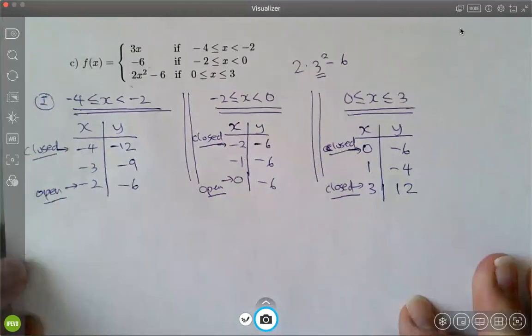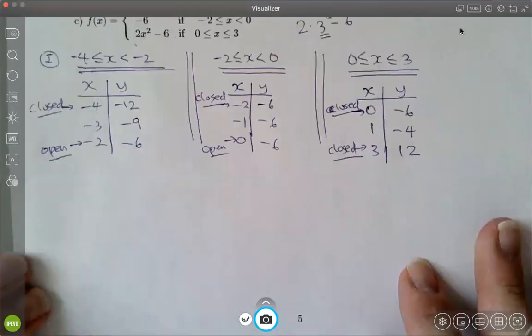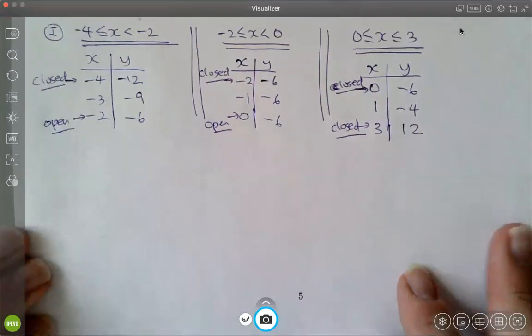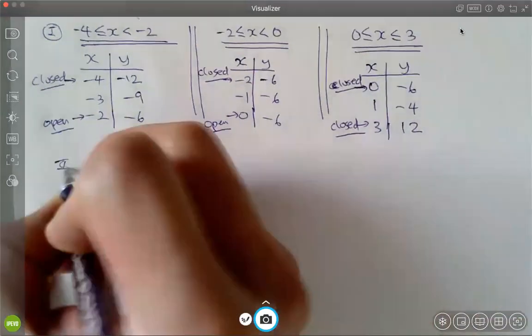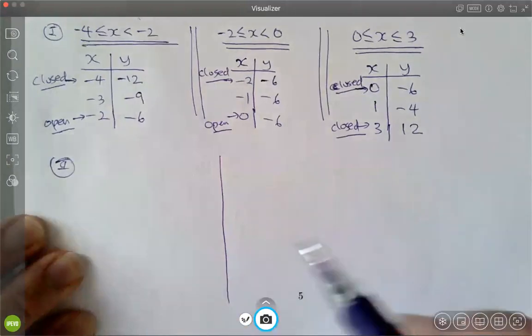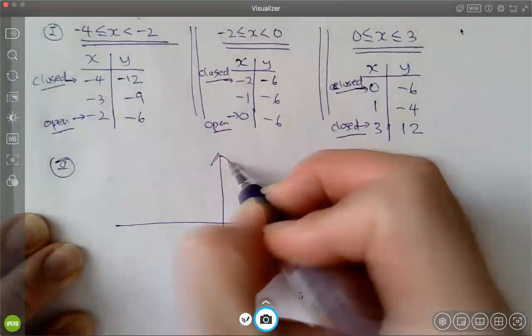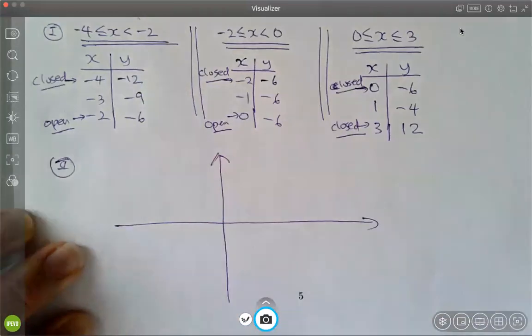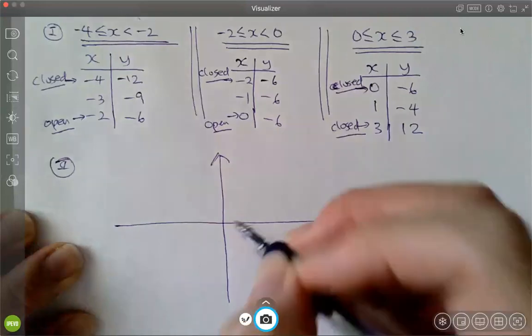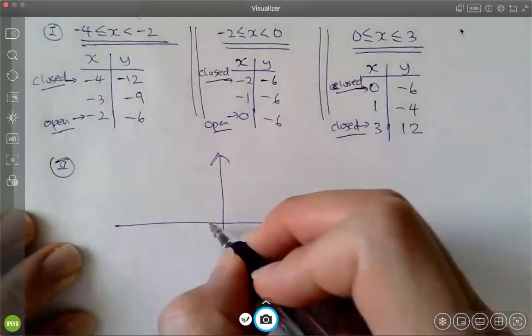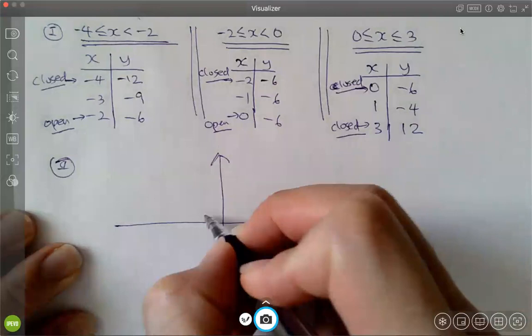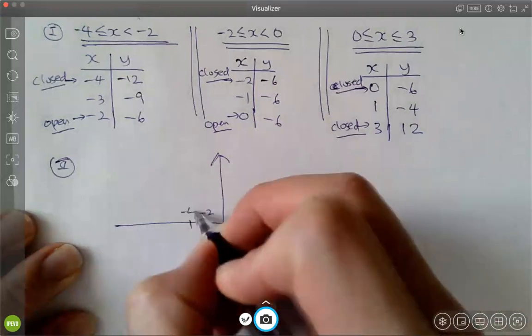Okay, so let's plot these points. Here is the xy plane, -4, -12. Since the numbers are getting bigger, let me go by units of 2.